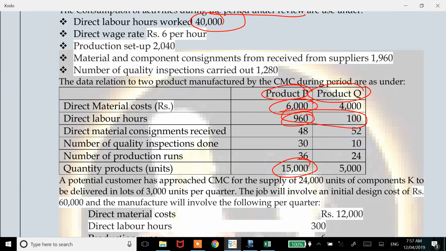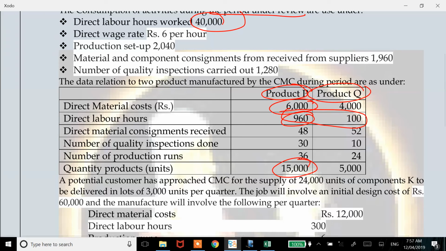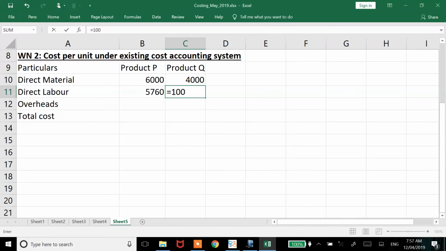Labor is 960 into 6 rupees. The labor cost is 6 rupees. That 52.5 is overhead cost, not the labor cost. 6 rupees is the labor cost. It is mentioned here, direct wage rate, 6 per hour. 960 into 6 and 100 into 6.